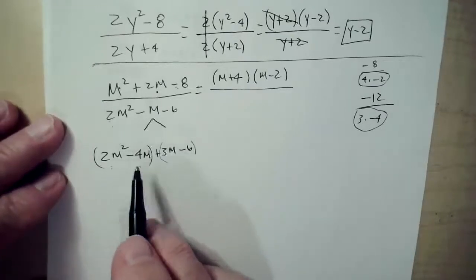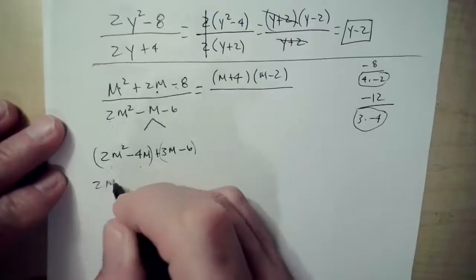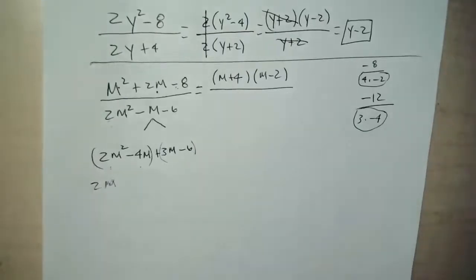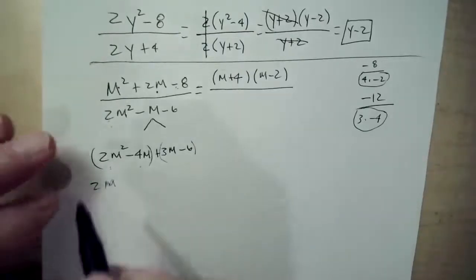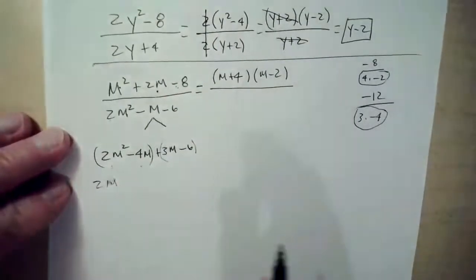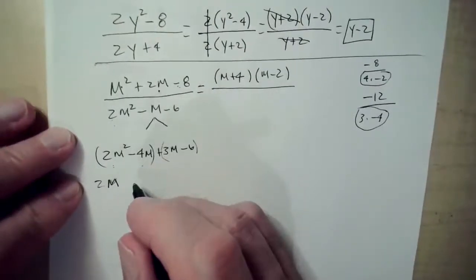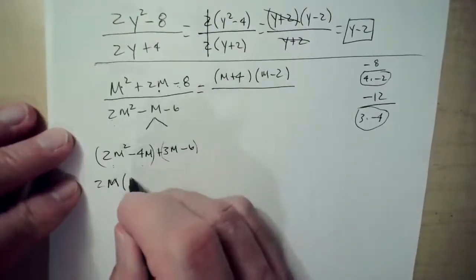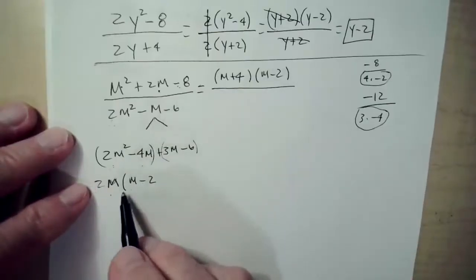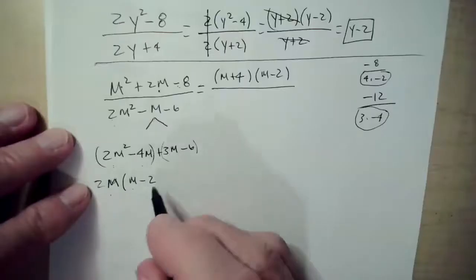Okay. Now we group those two together. So what can we factor out of this one? 2m. 2m times m minus 2.